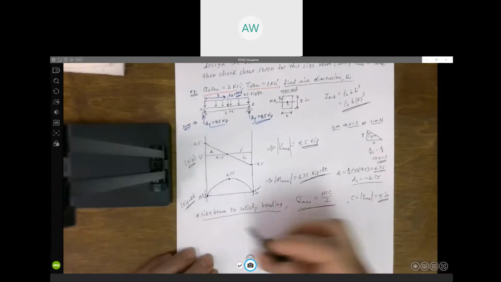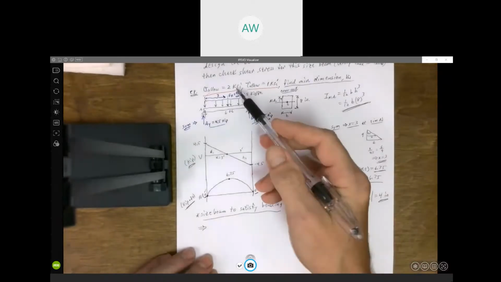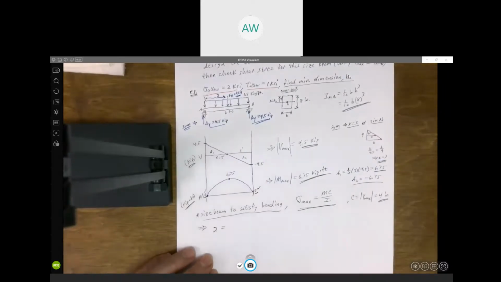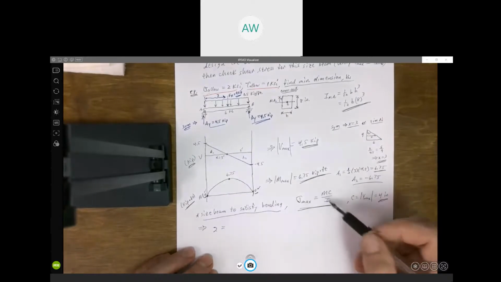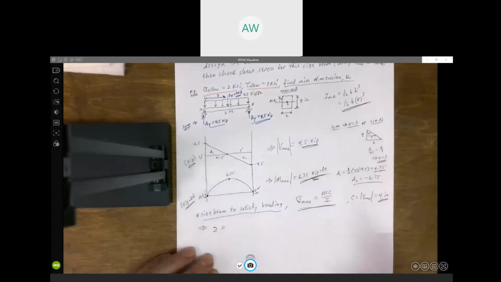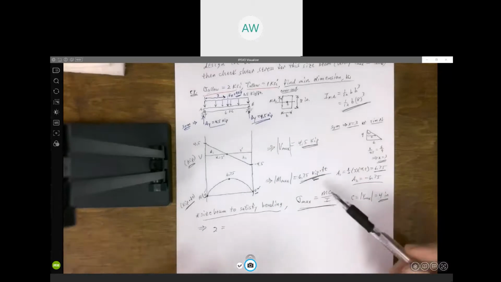So let's set our normal stress equal to our allowable, 2 ksi. Be careful with units here. If we leave that in ksi, that's okay if our moment here is in kip-feet. But you couldn't have, say, psi and kip-feet, or have ksi and pounds-feet.